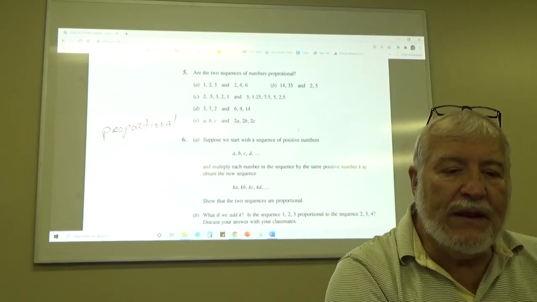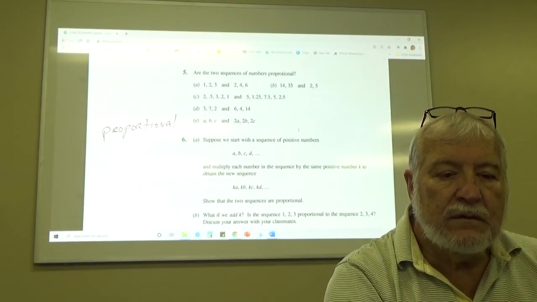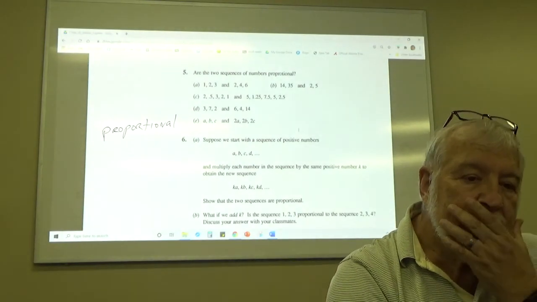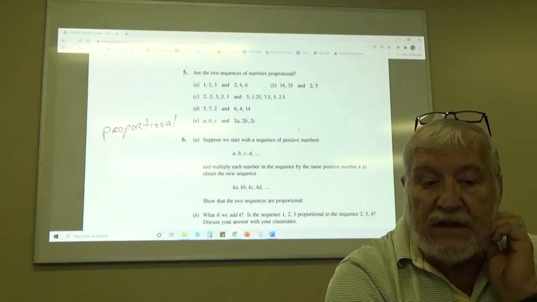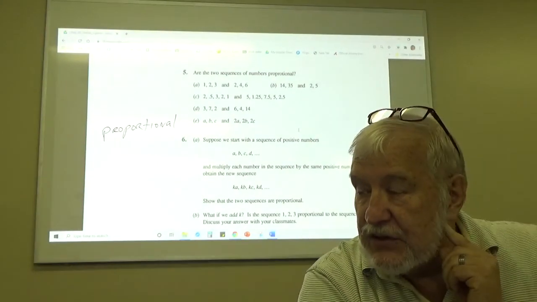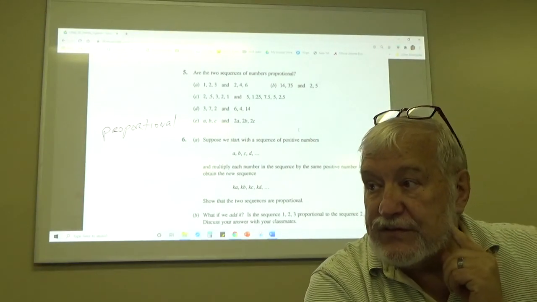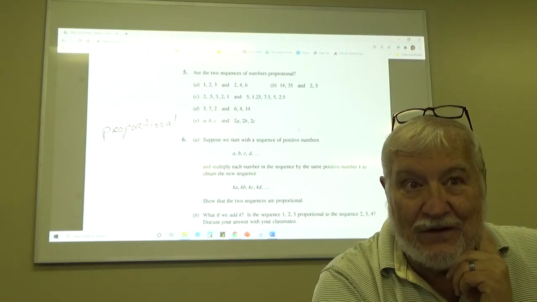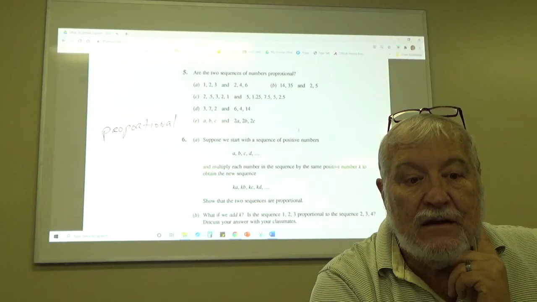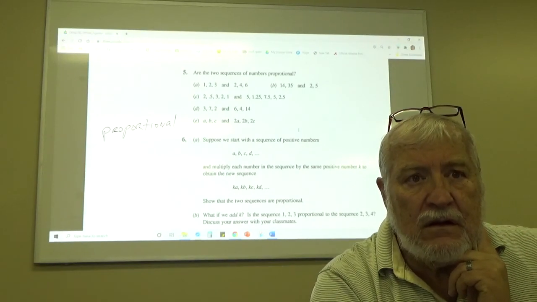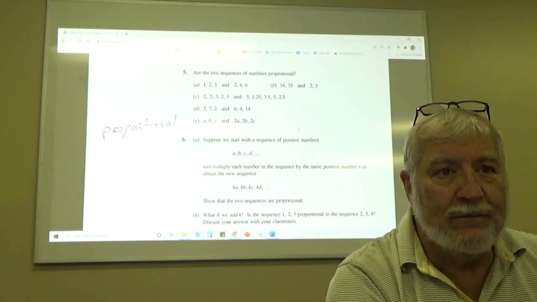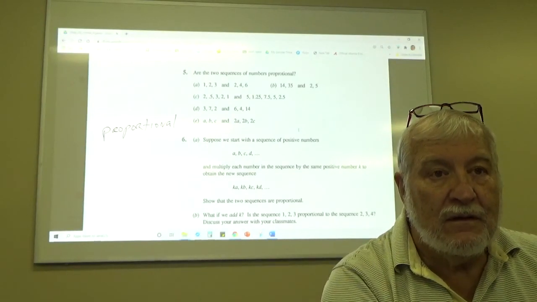What about B? Now, a lot of times it's easier to look at going from the small one to the large one. All right, now you saw it, right? 2 times what is 14? 7.